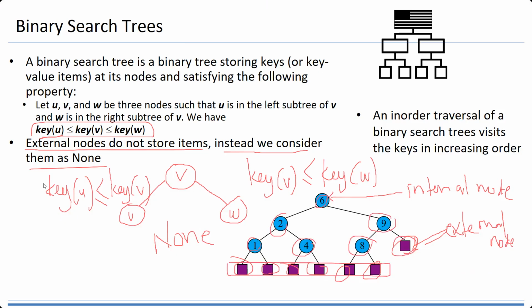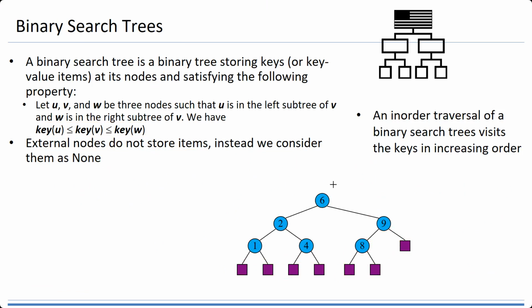So using this binary search tree with the keys, we can use the in-order traversal. Do you still remember in-order traversal? We follow the left part, so from here we go here, and then here, here, here, and here.